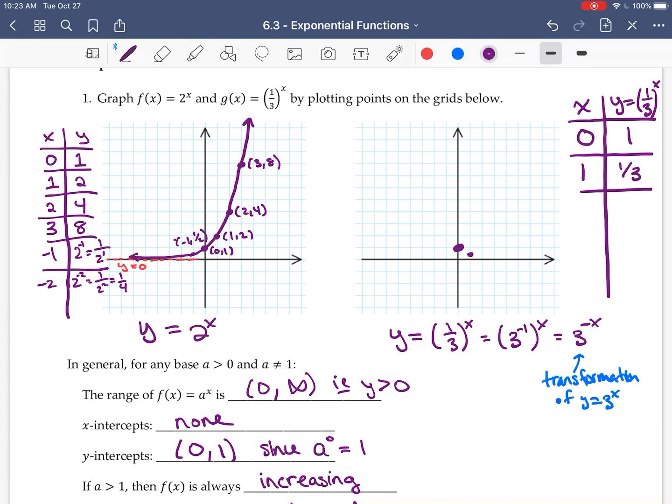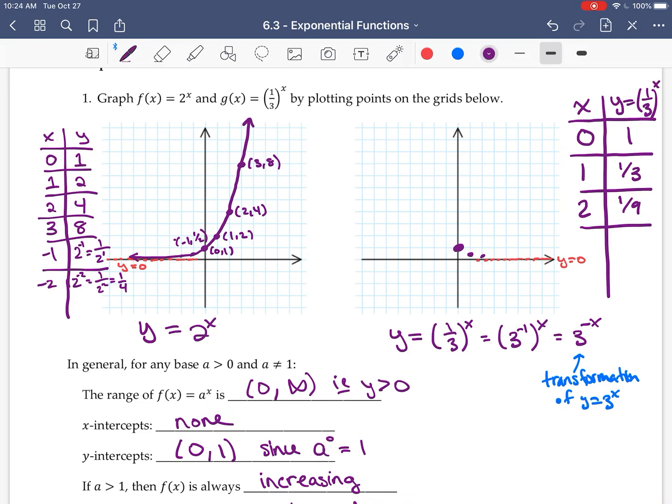So that's going to be somewhere over here. If I have 2, then it's 1/3 squared, which is actually 1 over 9. So I'm getting closer to 0. Now I'm never actually going to reach 0 because it's a positive number to some power. So I'm going to get my horizontal asymptote over here.